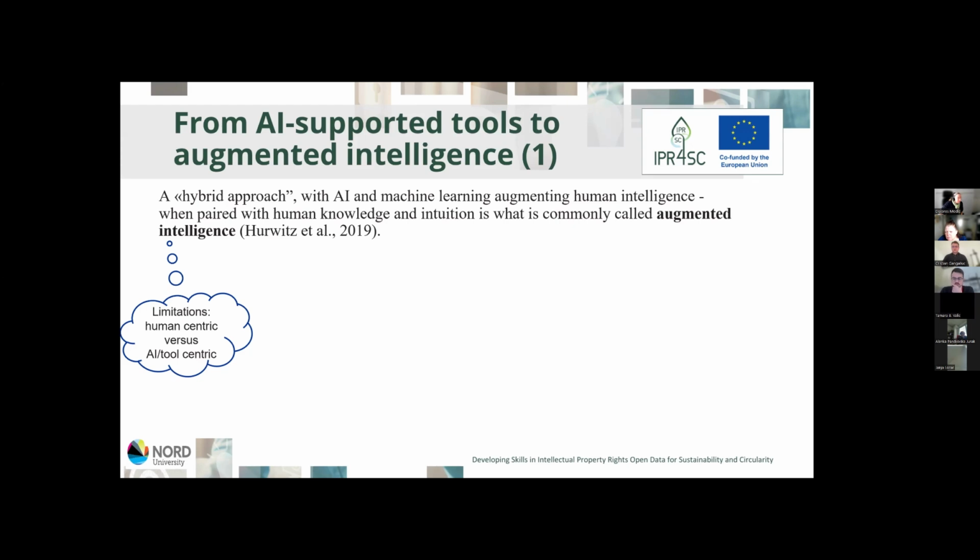If we talk about human-centric limitations, they're always the general ones here. You know, what data are we inputting? What are we asking? How are we asking, right? So I think now with ChatGPT and similar tools being very common and known to us, it's no different in any of the IP tools that have this AI support, right?